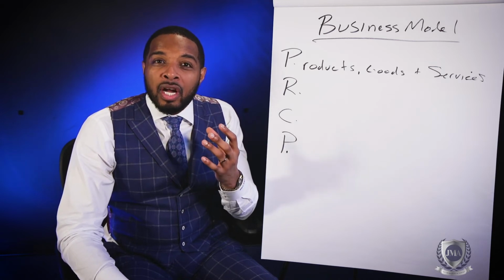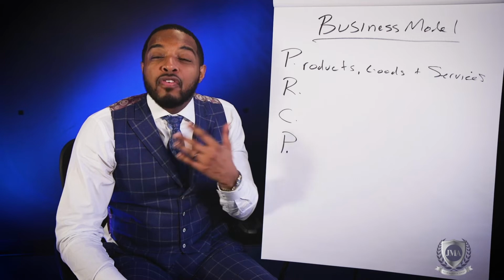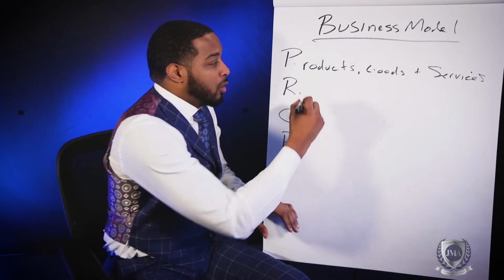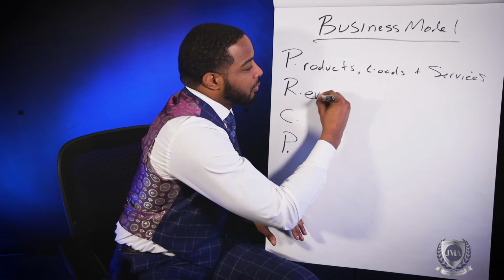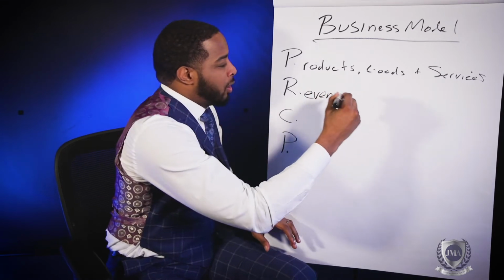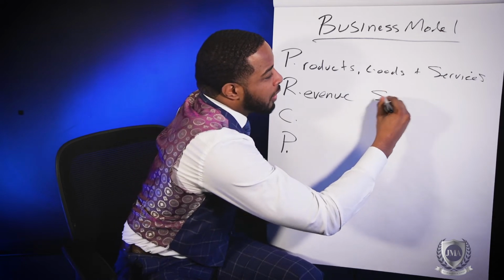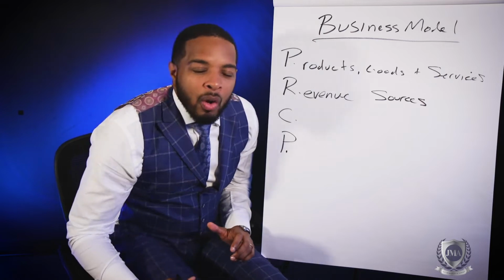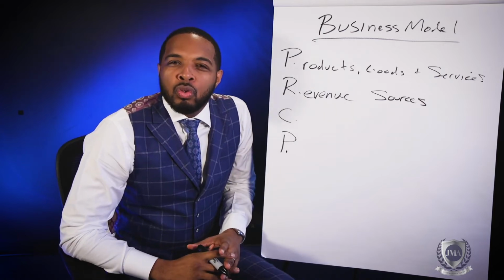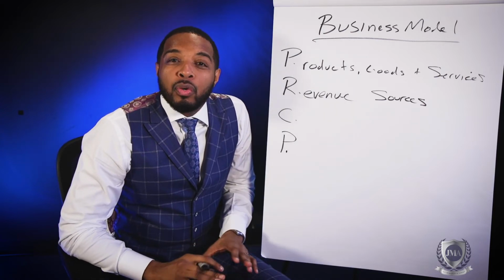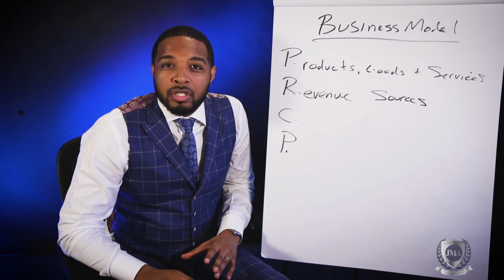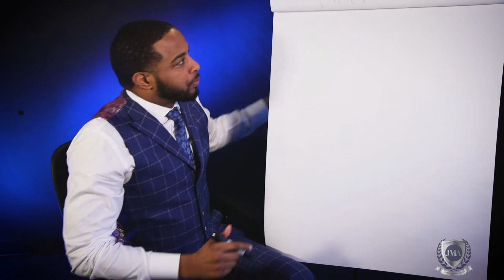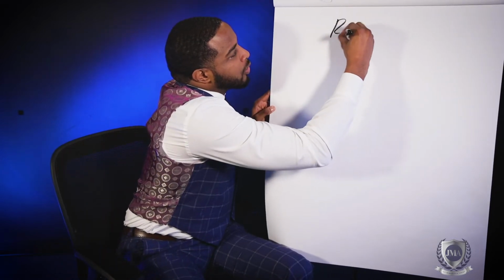You figured out the product, good, or service you wanted to bring, and now we need to figure out our revenue sources, which are the ways we can actually make money from these products, goods, and services. So the R in our PRCP is revenue sources. I want to give you a little insight into different ways your business can create capital, create revenue.